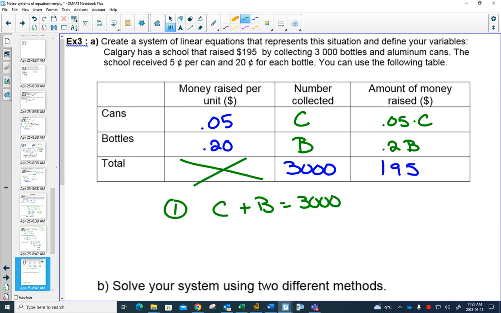Or could you have just read the question to figure that out? Okay. Equation number 2 is if you made $195 total and you got 5 cents for every can plus 20 cents for every bottle, that your total amount that you would get, this is the money from the cans, this is the money from the bottles, together added up will equal 195.